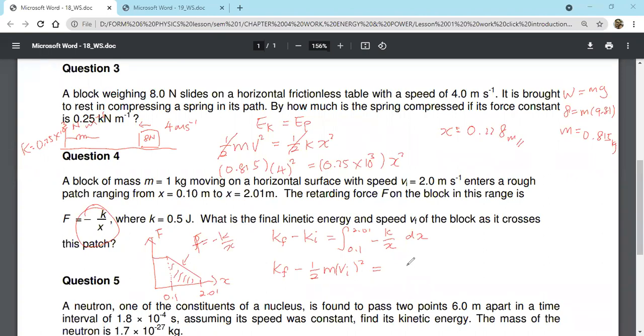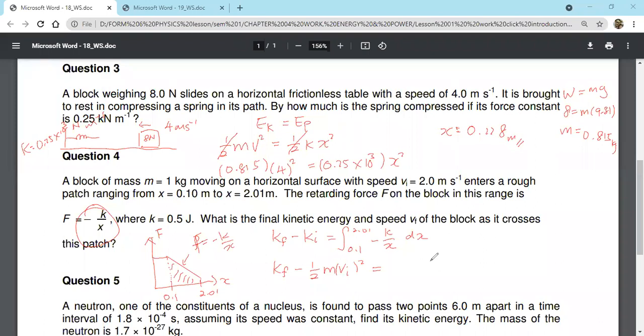It's in negative form. Final minus initial, from 0.1 to 2.01. That means negative k times 1 over x.